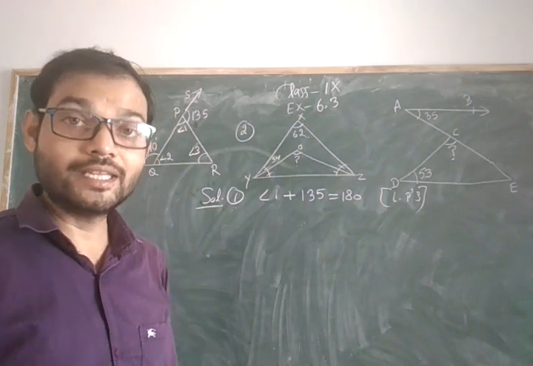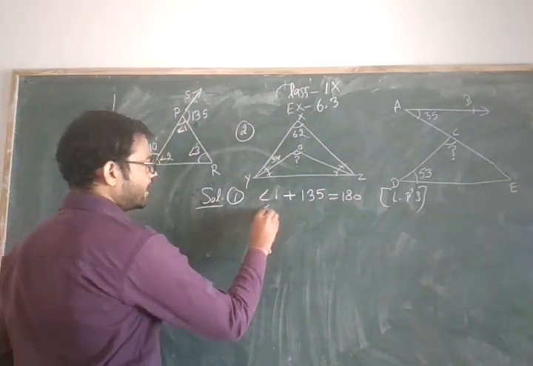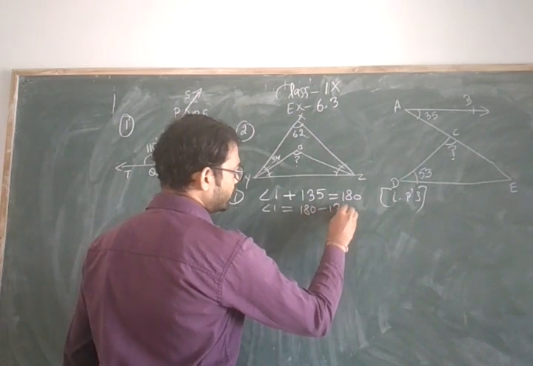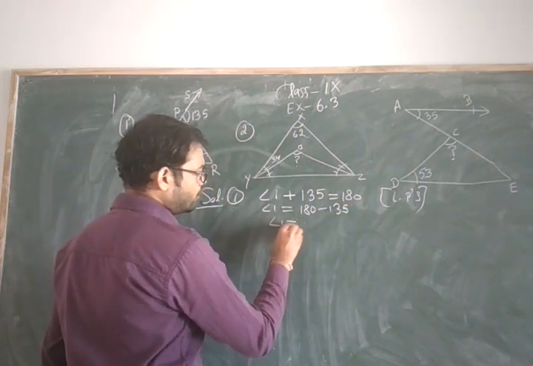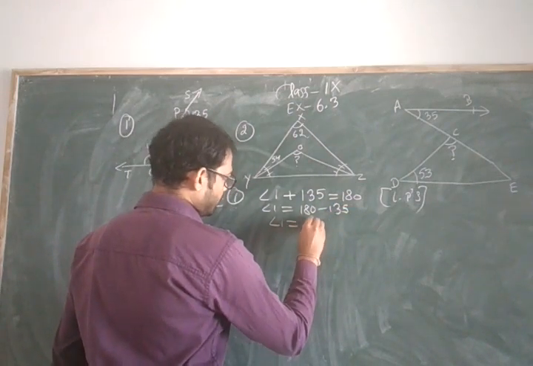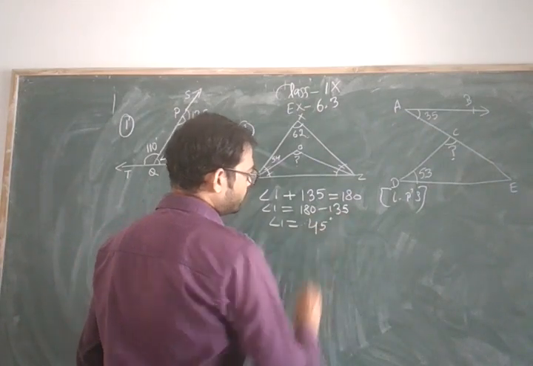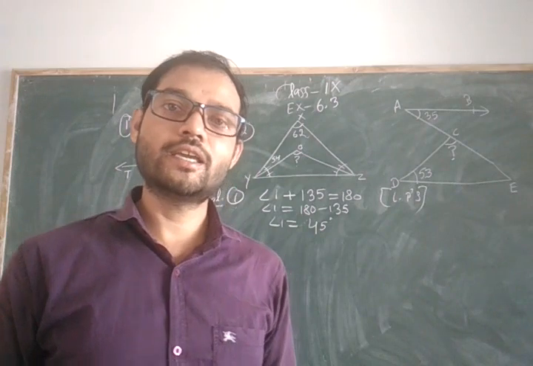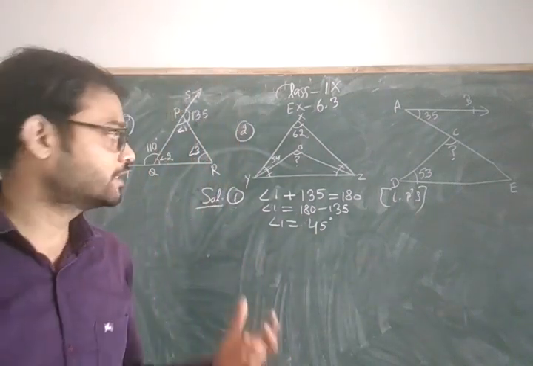And angle 1 is equal to 180 minus 135. So the value of angle 1 becomes 45 degrees. तो जो एंगल 1 की वैल्यू है वो आपकी कितनी आ गई है, 45 डिग्री.